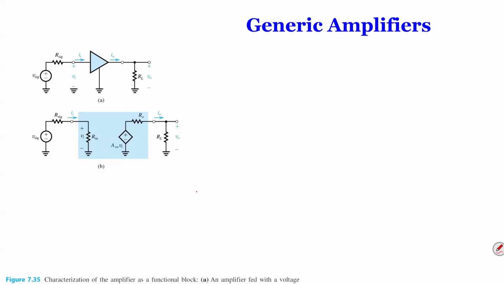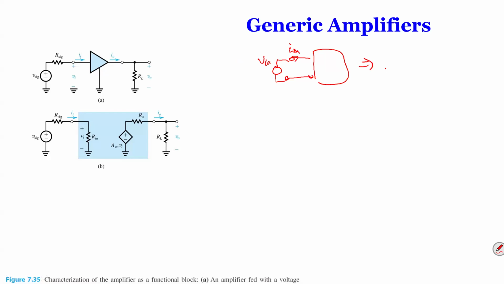So if you want to find R in, for any circuit, what we do is we inject a voltage and we find the current.